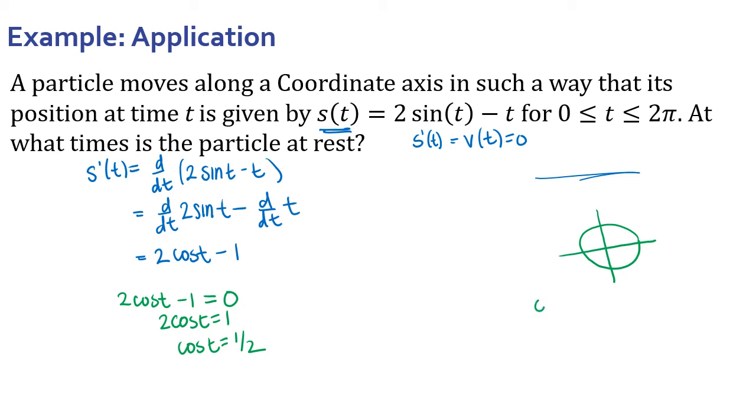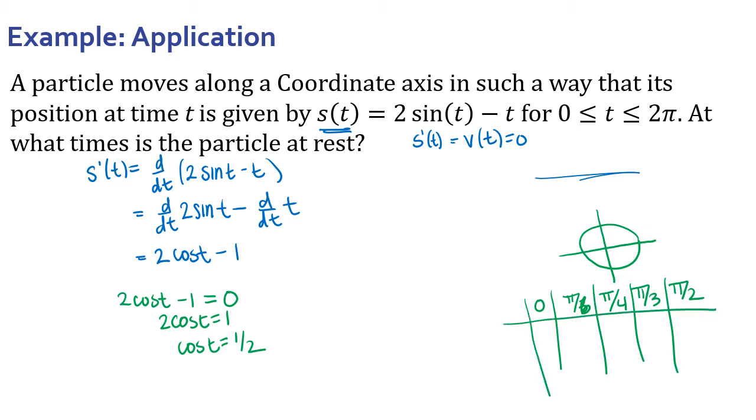Now, if you recall back in our trig days, we learned this chart. It should be 0, pi over 6, pi over 4, pi over 3, and pi over 2. And we've got sine, cosine, and tangent.